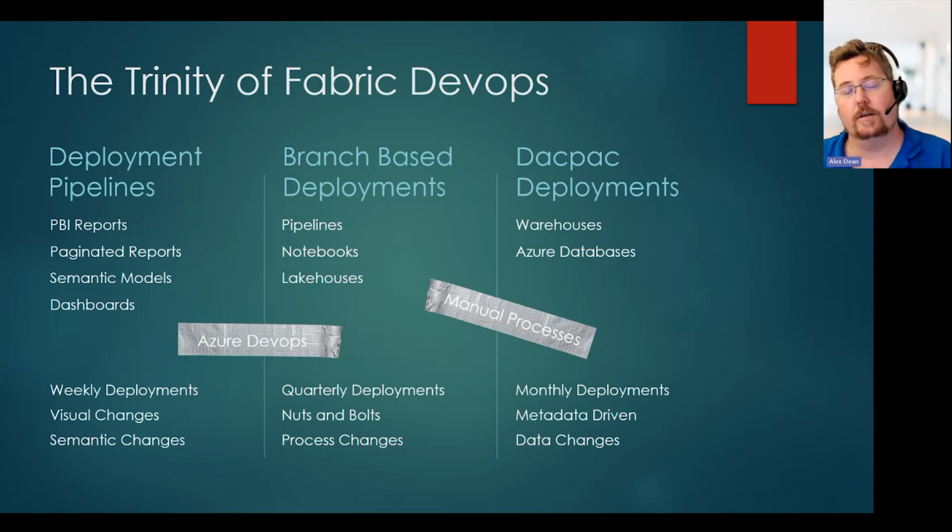And finally, the warehouse, where there's a bit more action, that's on a monthly basis. And we use DACPAC deployments for that. So yeah, we really separated those artifacts out. The workspace that has pipelines does not have a warehouse in it, does not have a semantic model in it. We really separated them based on type. And that's helped us keep the deployment process clean.